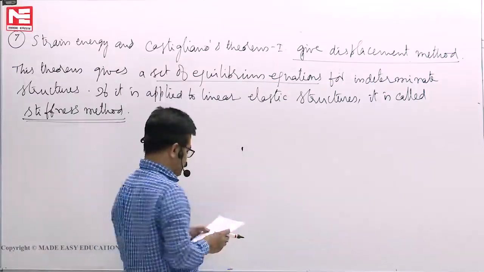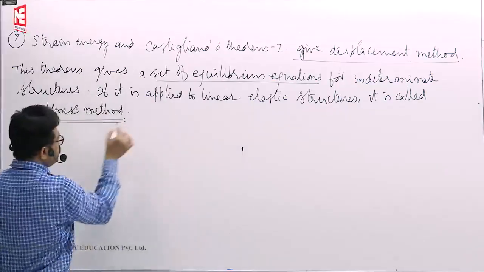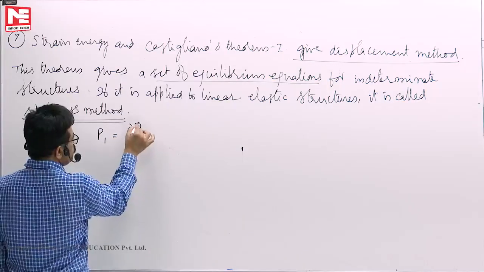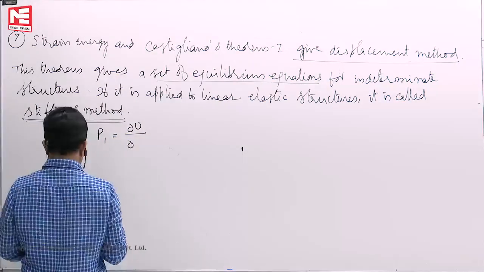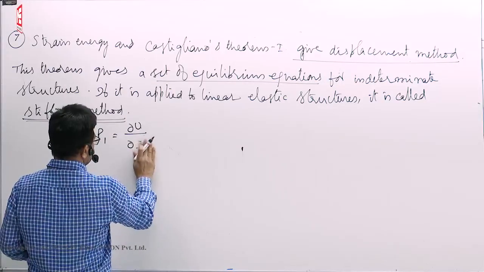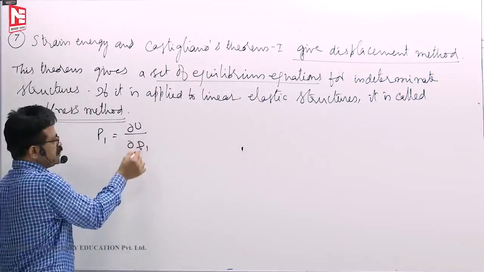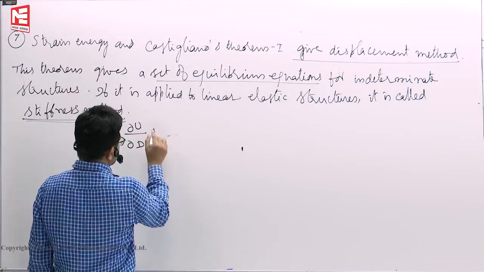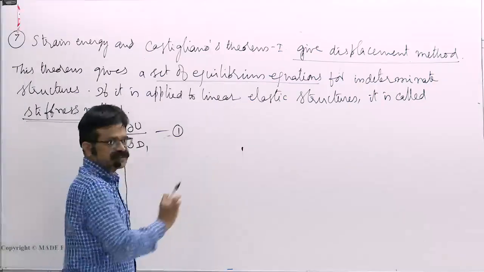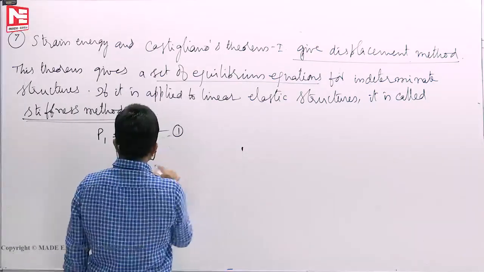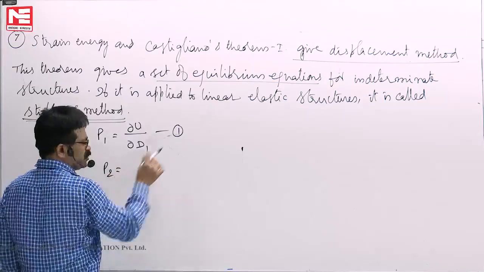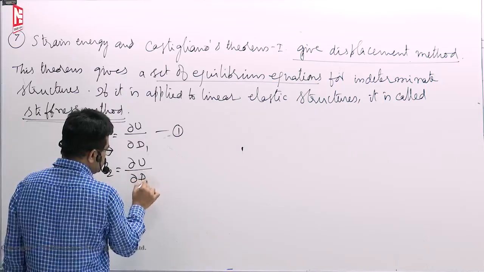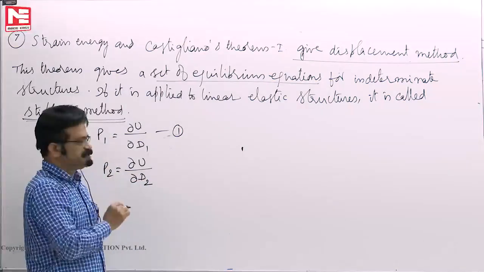How the equilibrium equations look: P1, the force at the first coordinate, is the first derivative of energy with respect to the displacement D1. Similarly, this is like an equilibrium equation; you are getting a force expression. Then P2, the force at coordinate 2, is the first derivative of strain energy with respect to the second displacement D2.